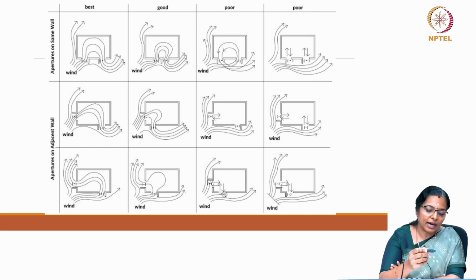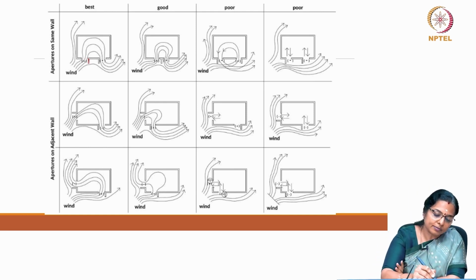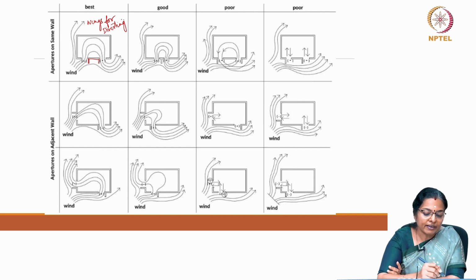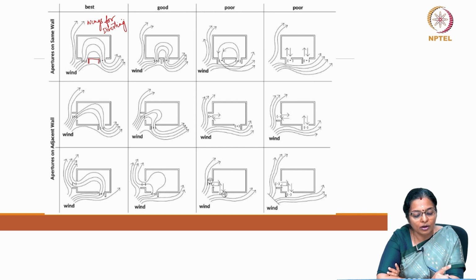Now, if you have wings, these are called wings. Using wings for diverting the flow of breeze is a very good option if you have windows only on one side.